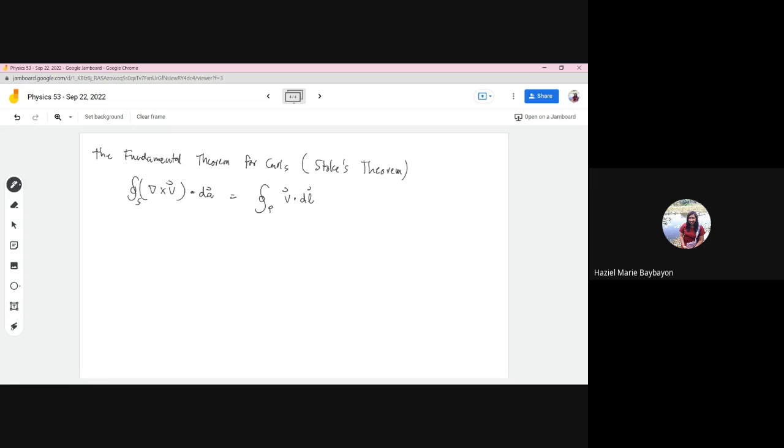So, what is this? The region of high curl is like a whirlpool. Okay, so imagine a whirlpool.